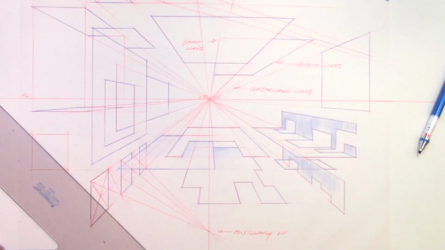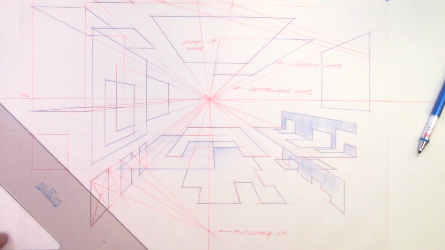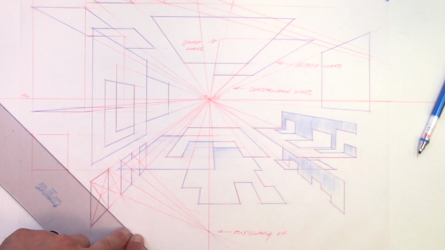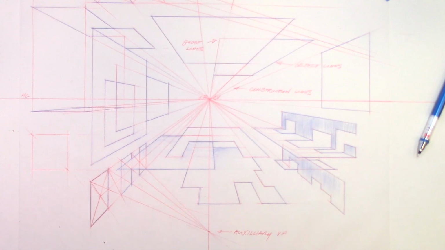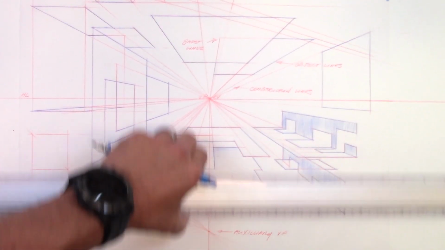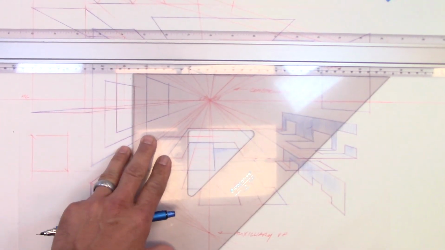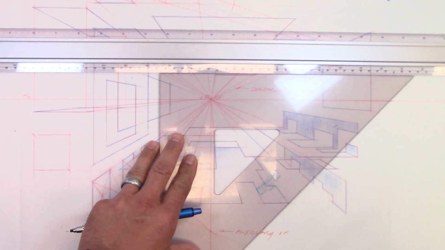I can't use a visually 45-degree line. I have to use one that's in one-point perspective. And this is what we're going to do on Thursday.